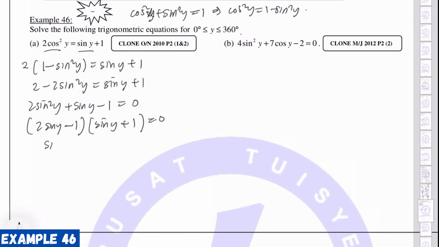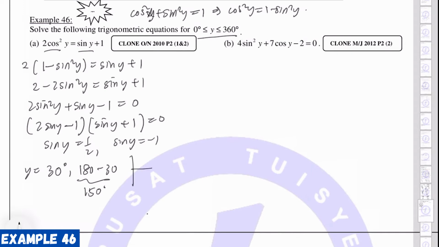Now, here we know sine y is either half or negative 1. For sine y equals half, we use a calculator. You know by now, right? When you find a reference angle, it is 30. Sine is positive in quadrant 1 and 2. Quadrant 1 is 30. Since this is in degrees, quadrant 2 is 180 minus 30, so you have two answers, 30 and 150.